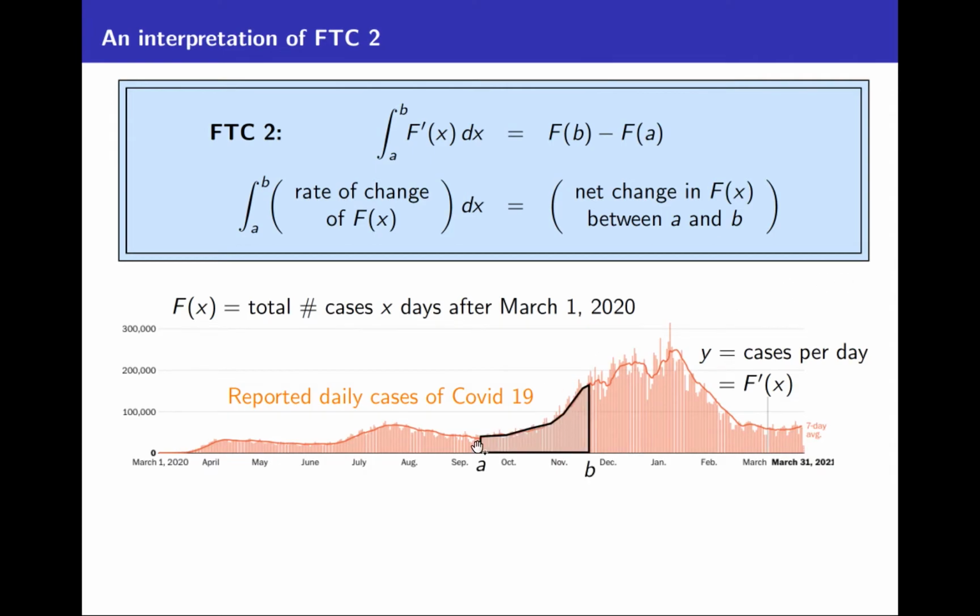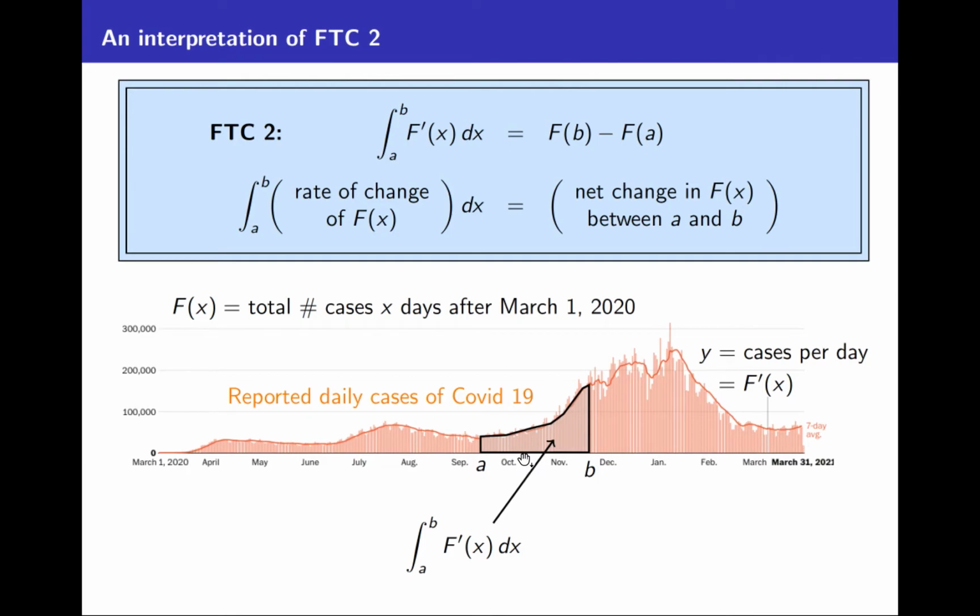So now think about 2 days, say day A and another day B that's sometime later. And imagine taking the definite integral from a to b, f prime of x dx. Remember, this is the graph of f prime of x. So you would think about that as the area under this curve of f prime of x between times a and b.